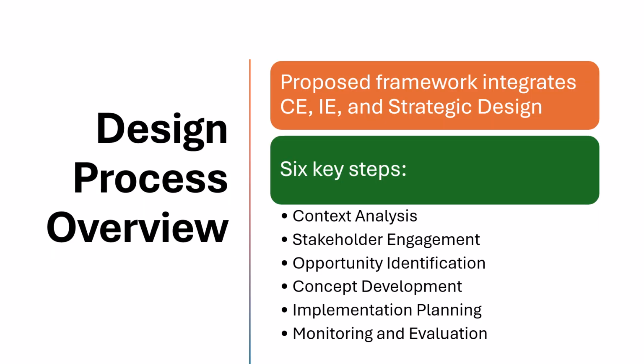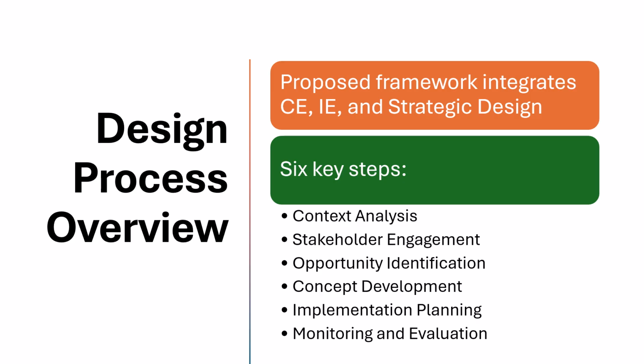So, design process overview. The proposed framework integrates CE, IE, and strategic design. Six key steps need to be considered. The context of the analysis, how you are going to analyze it. The stakeholder engagement, this is very important. All the industries must play their role if they want this to be successful. Opportunity identification, what are the things that can be done, how they can integrate, needs to be identified.